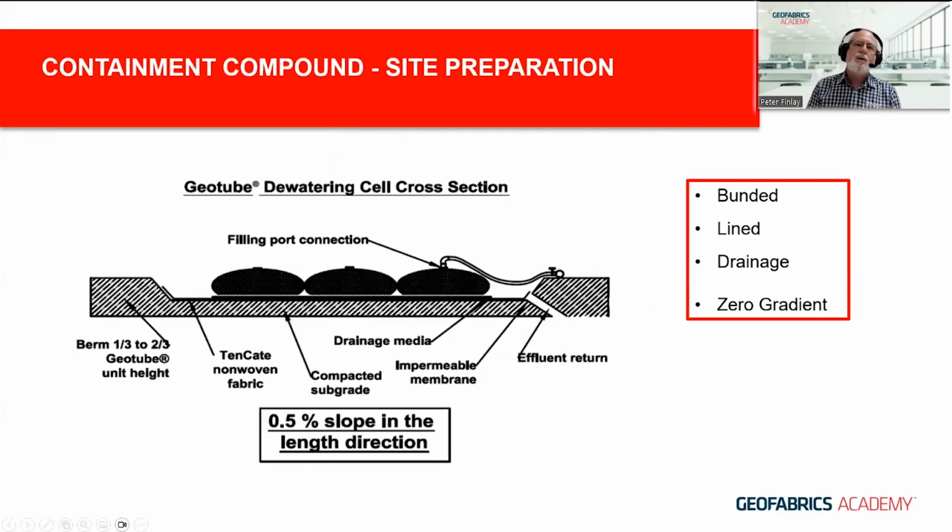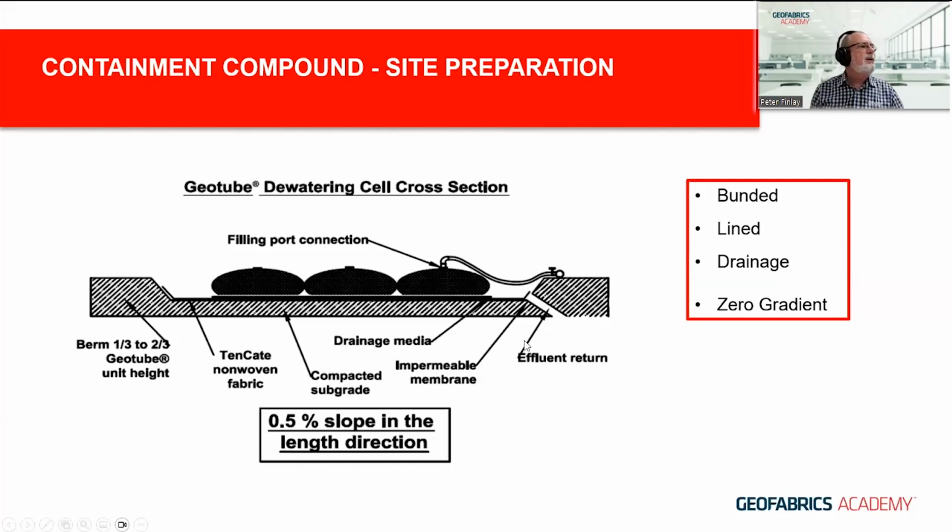The containment compound. This is important because we're obviously pumping material, sludge, in there, releasing water. The filtrate has to be channeled back to the water source, or maybe treated. So generally, the containment compound will first be bunded to contain the filtrate that comes out of the geotube.